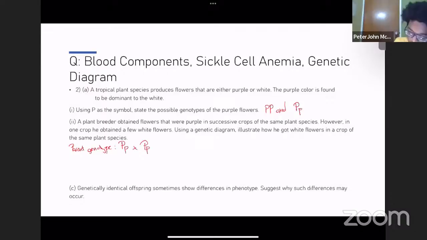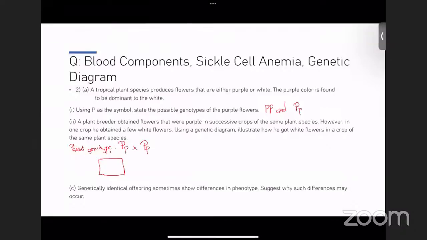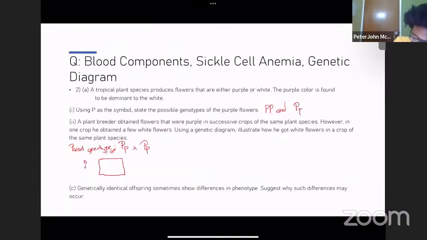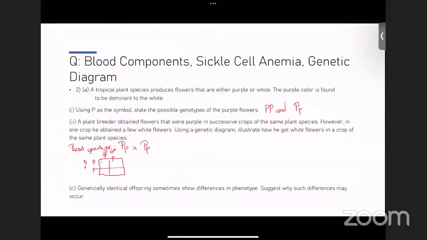Two heterozygotes. Okay. So what next? Let's draw our square. What goes on top? Male. What goes here? Female. All right, so if we're crossing big P little p versus big P little p, what are we gonna get here? Sir, two capital P's.